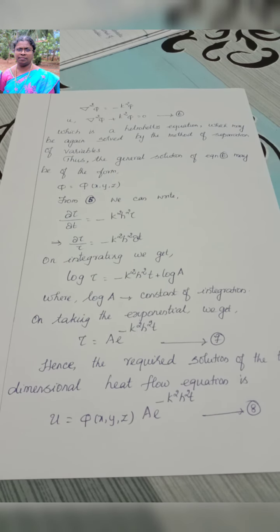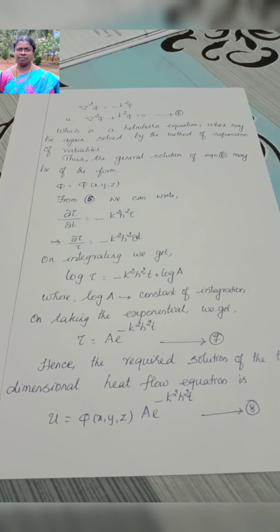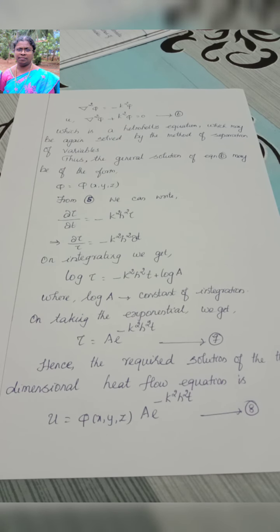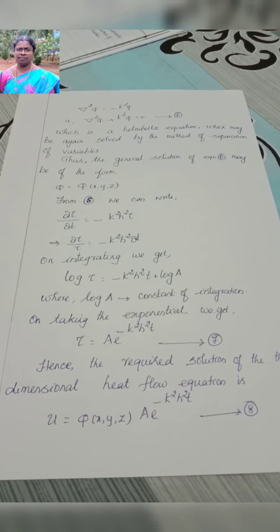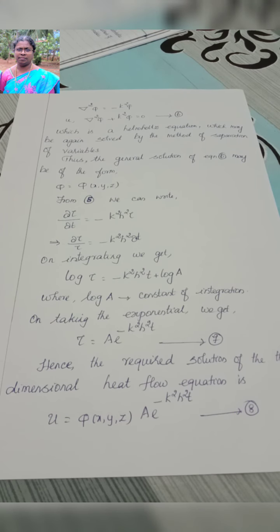In this way, the general solution of the three-dimensional heat flow equation is obtained using the method of separation of variables. We shall discuss the solution of the heat flow equation in different dimensions under certain boundary and initial conditions in the upcoming videos. Thank you.